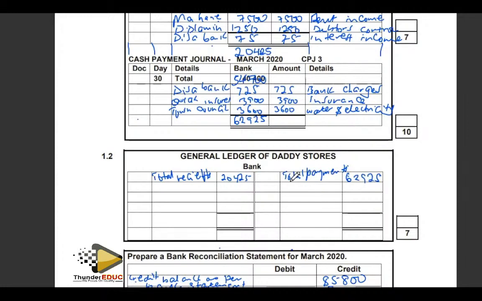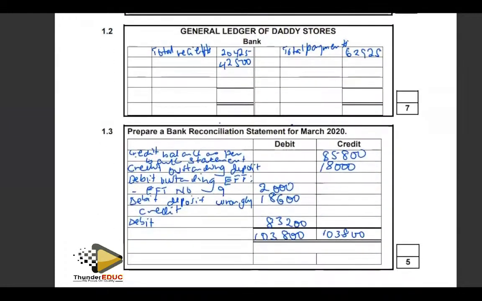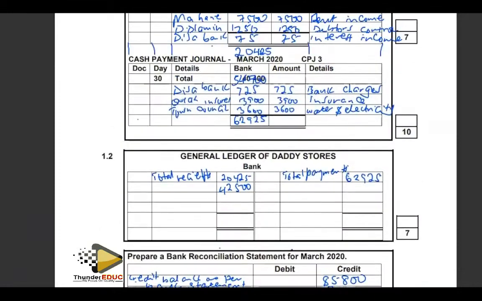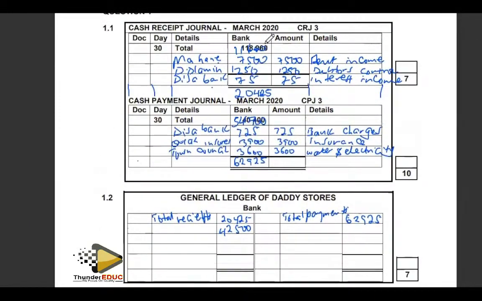62925 minus, I'm seeing they made a mistake somewhere, 2425. The difference is 42500. Let me first put it here. 42500. You see this amount is not the same as what we get here, okay? So something is wrong, which means we shall need to correct.